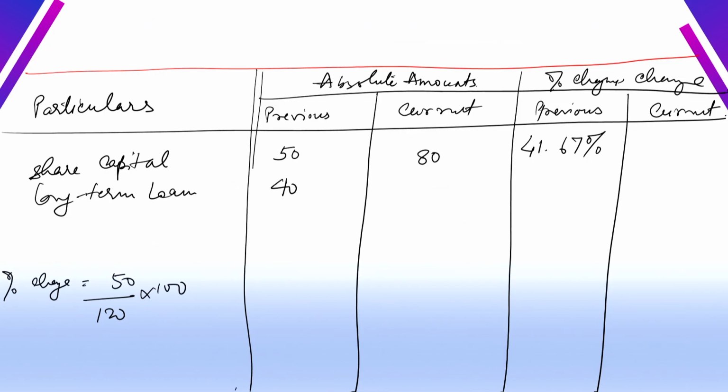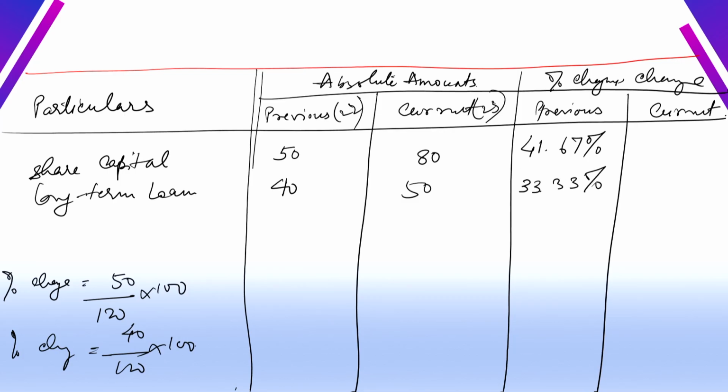This is 40,000 for the year 2022 and 50,000 for the year 2023. As you can clearly see, 40,000 of rupees 1,20,000 is 33.33%.